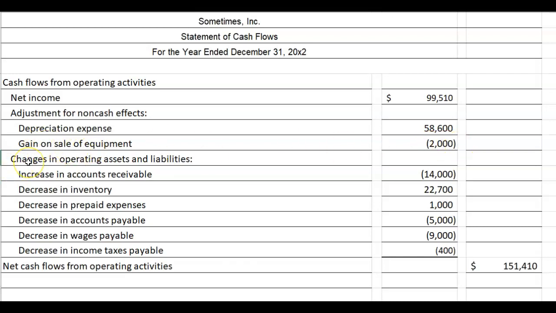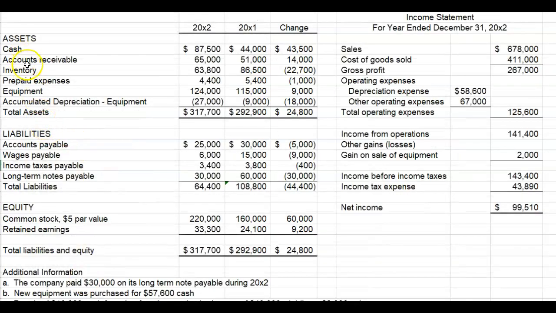Then we need to take into consideration the changes in our current assets and current liabilities. In this textbook, they call this little section here, changes in operating assets and liabilities. We had an increase in accounts receivable of $14,000.